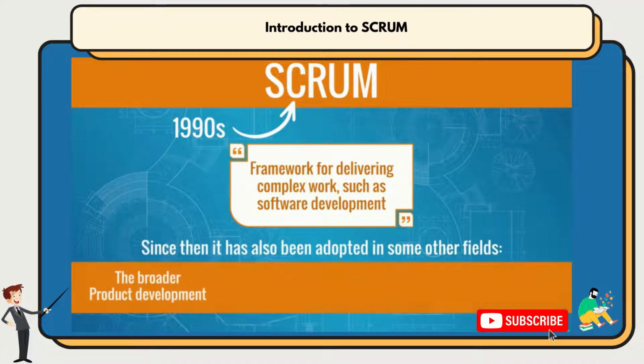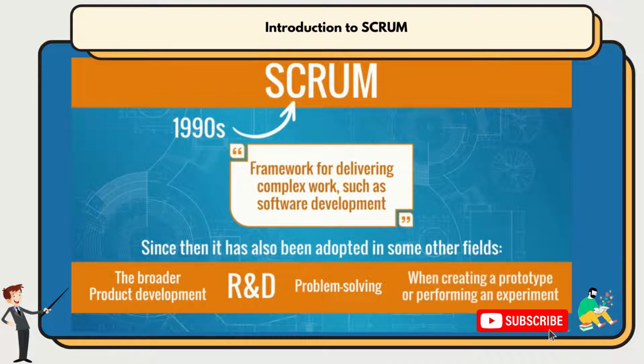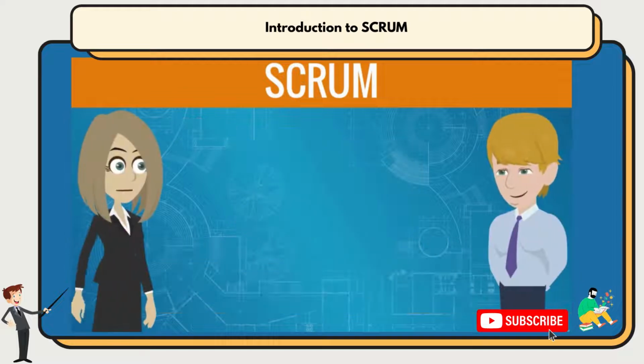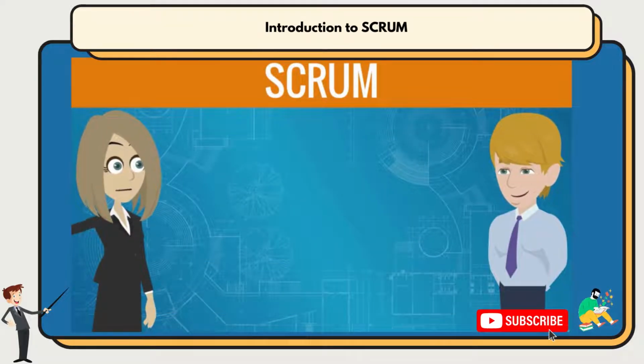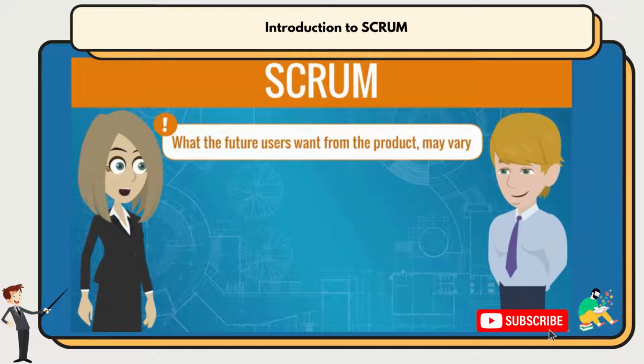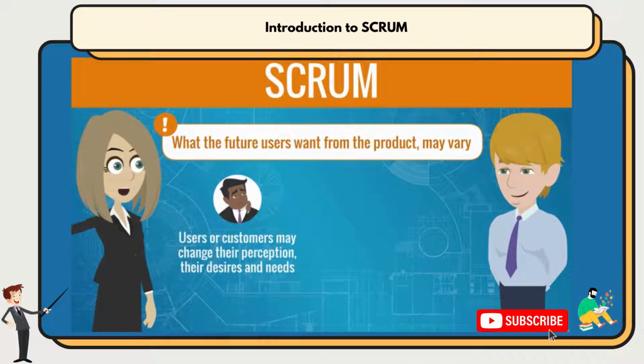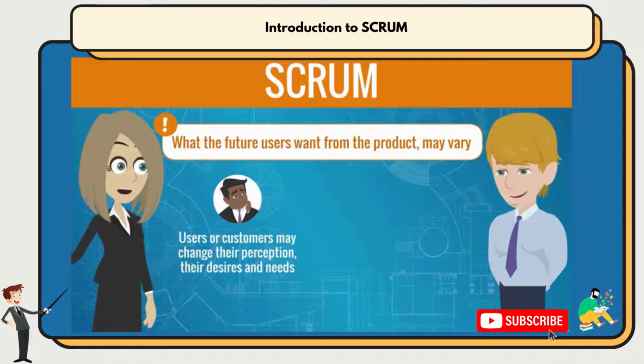The broader product development, R&D, problem solving, or also in cases when an organization does not have a lot of experience with the given work that is to be performed, such as a pilot project, creating a prototype, or performing an experiment. Scrum practitioners openly acknowledge that the product requirements, or in other words what the future users want from the product, may vary. As the project progresses, the users or customers may change their perception, their desires and needs.